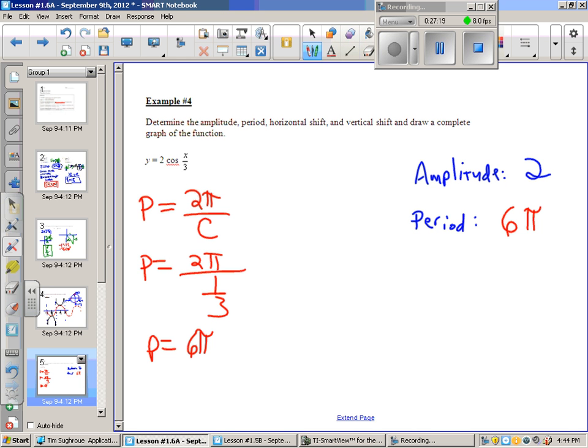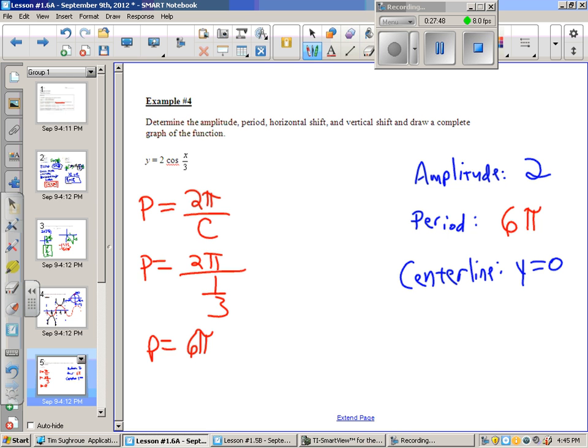The vertical shift I will end up calling the center line. And in this case, the center line is y equals 0. Or you could just say the x-axis. The center line is determined if there is a number that's added or subtracted to the trig function, but on an island by itself.